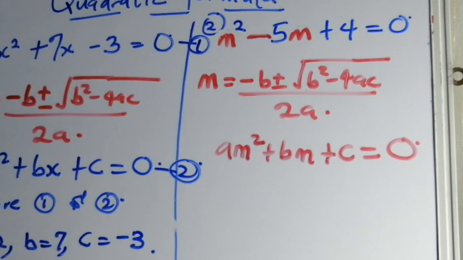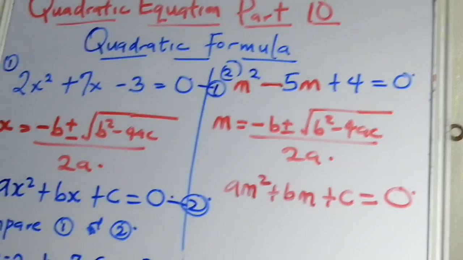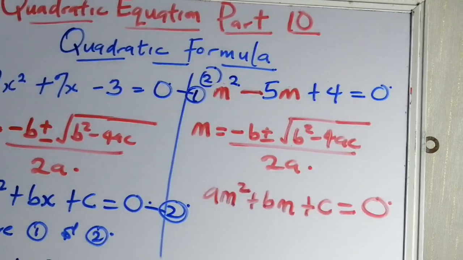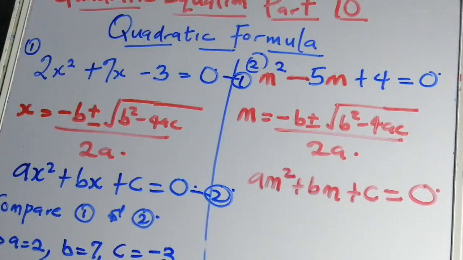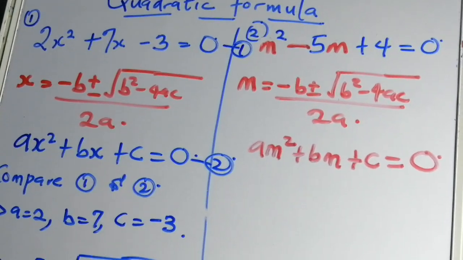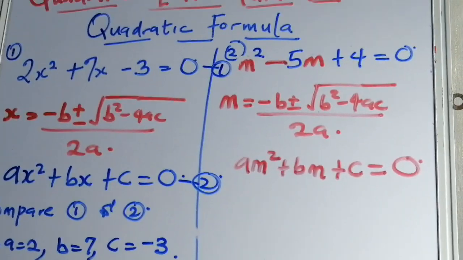Like I've told you, it's not compulsory that this one will be x square. You can use any alphabet from A to Z. I can decide to use L. I can decide to use N. N for Nigeria, L for Lagos. I can decide to use any alphabet. So that was why I decided to change this one to m square.